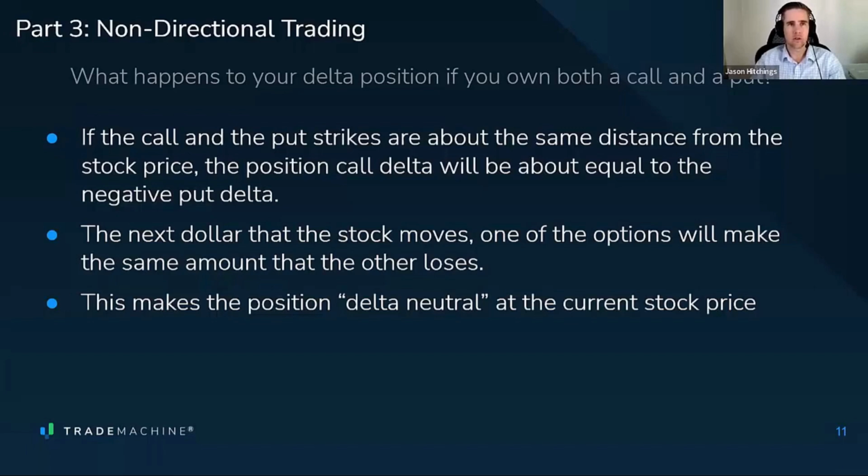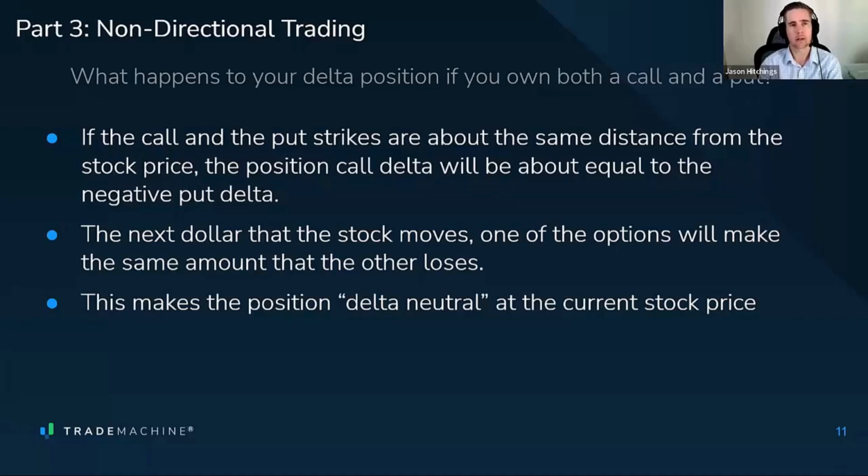So nothing has happened in terms of the first dollar of change in the stock price. But if you bought a call and you bought a put, you spent money doing it. So when the stock moves, the first dollar, you make nothing one way or the other, and it cost you money to put on this position, then what's the point?